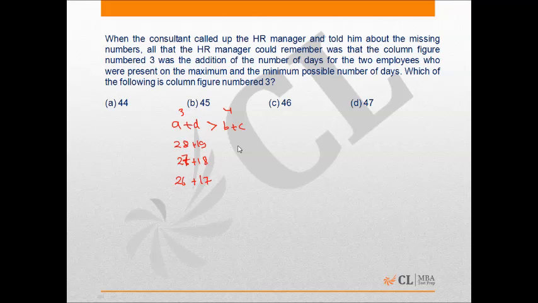And B plus C will be 23 plus 21 in the first case, 24 plus 22 in the second case, and 25 plus 23 in the third case. So you can see that A plus D is more than B plus C only in the first case. In the other two cases, B plus C is more than A plus D. That means I have to take the first case only, and it is asking for the column figure number 3, that is A plus D, which is nothing but 28 plus 19, that is 47. The correct option is option D.